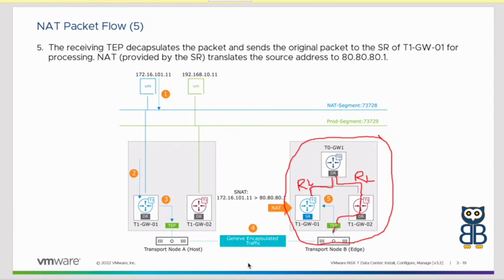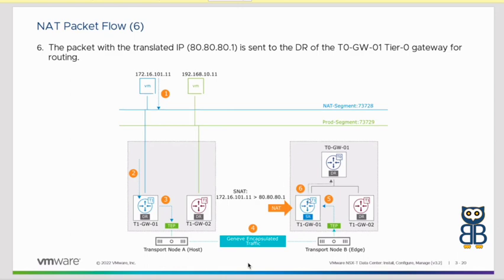And the TEP, as usual, will take the packet, send it through the TEP tunnel, and deliver it to the TEP of the other transport node. It will strip the encapsulation and deliver that straight away to that VM. So in this case, since there was a source NAT rule configured, the packet had to come to this T1 service router on the edge, get NATed, and then get further routed via the edge, and then go back to the same transport node.